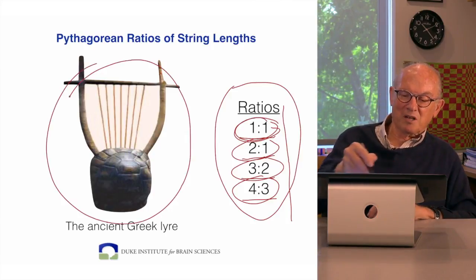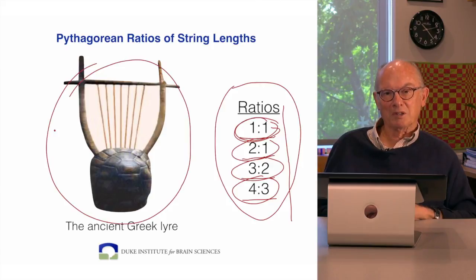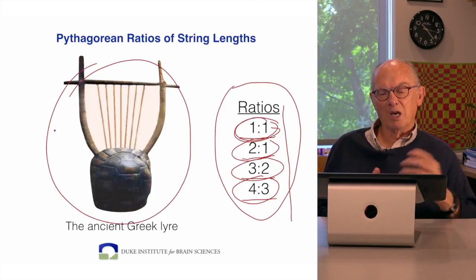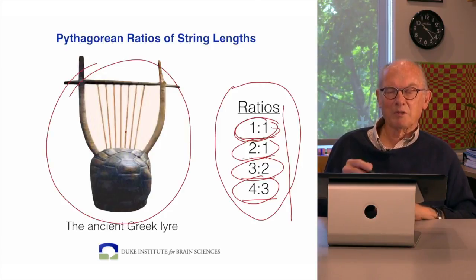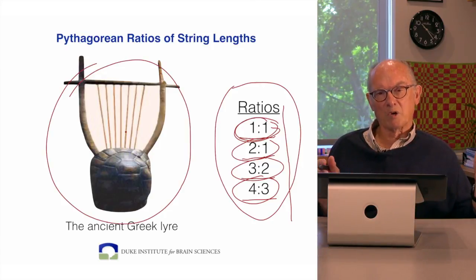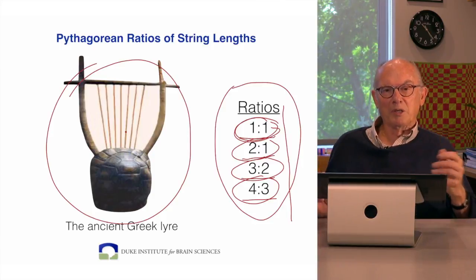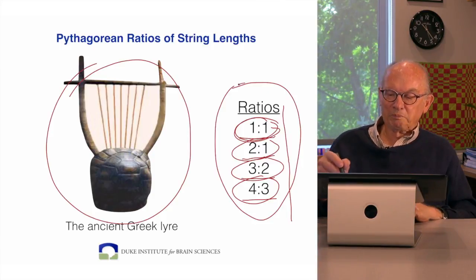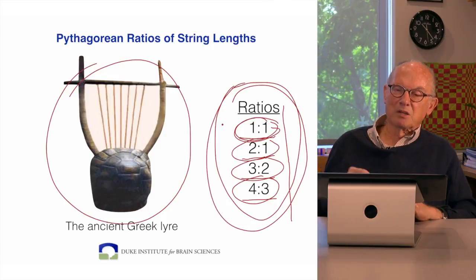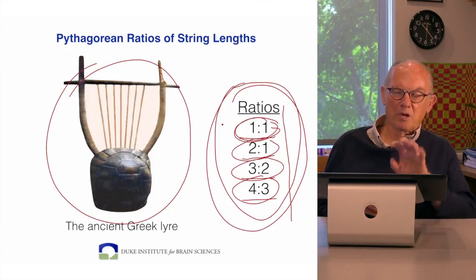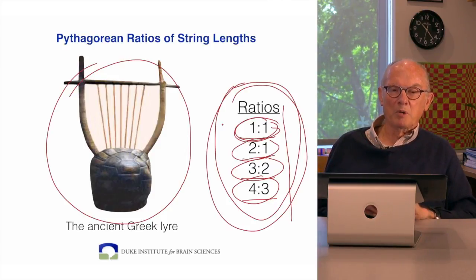So this is a lyre, the instrument of ancient Greece, or one of the instruments of ancient Greece. And you can see that it has 7 strings. I mean, some lyres had 4 strings, some had 10. This one has 7, but you can appreciate that these Pythagorean ratios were not what the popular music of the day was limited to.